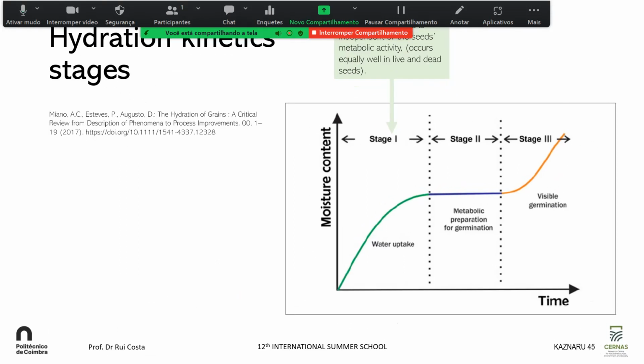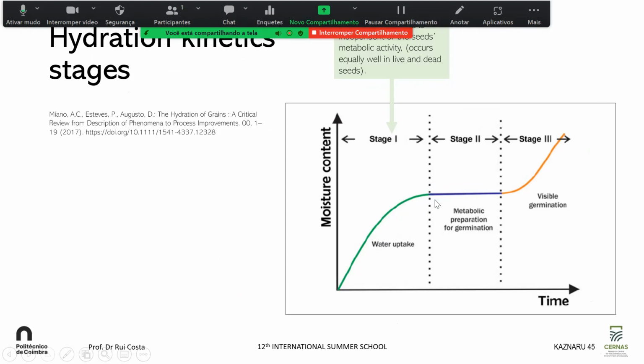Okay, what happens in terms of hydration kinetics? We have first a water uptake. We have 3 stages: water uptake until the maximum possible, without germination. It's stage 1. Then we have some time where the germination is starting.